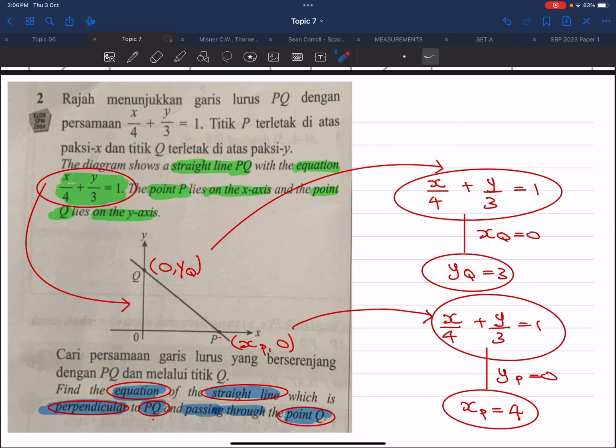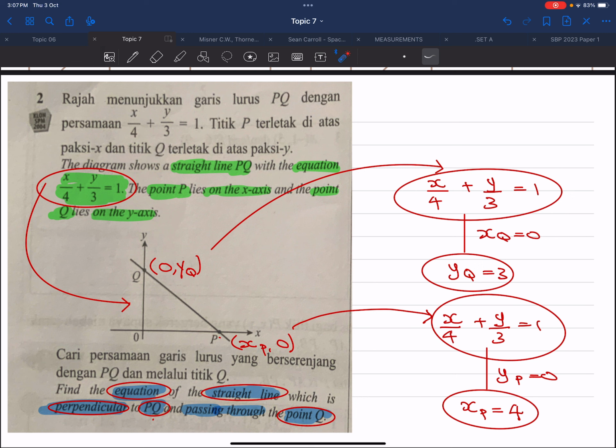Now, even before we read what the question is asking, we find the coordinates first. Q is on the straight line, so we take the coordinate of Q and substitute in the equation of the straight line, where xq is 0.